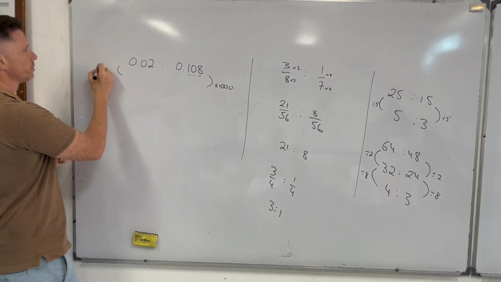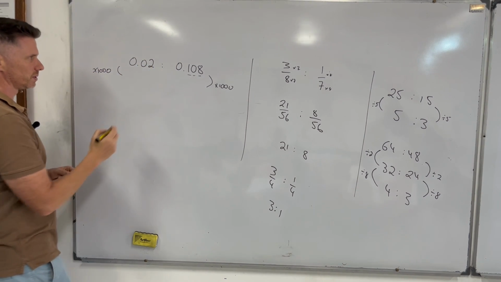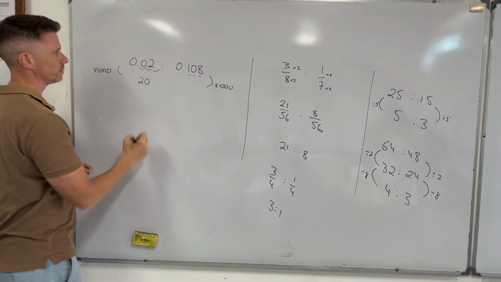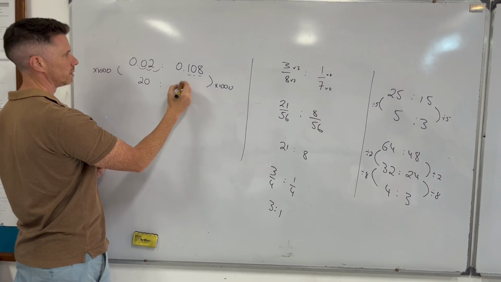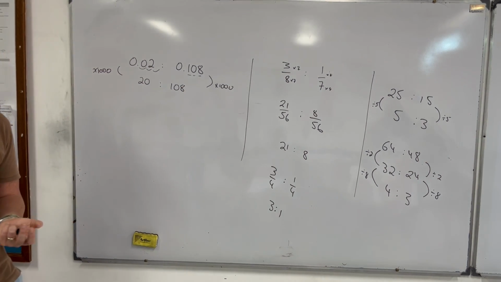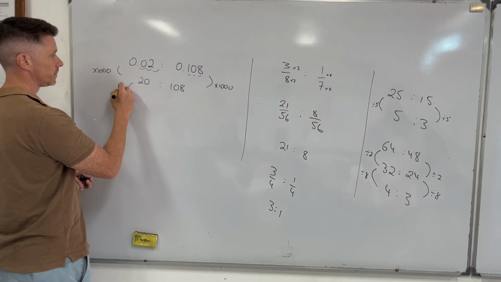So if I multiply both sides by 1,000, what's this multiplied by 1,000? 20, isn't it? Move it 3 spots: 1, 2, 3, and a 0. And what's this one? 108. Okay, now I have 2 whole numbers, 2 even numbers, so they definitely can divide by 2.